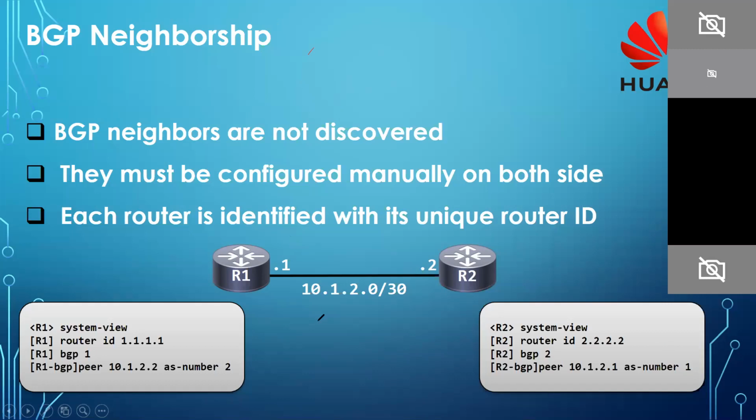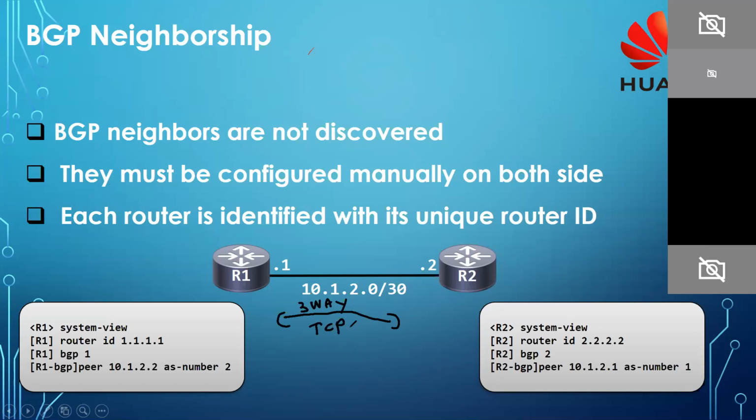So R1 and R2 will start the TCP three-way handshake, which means they will exchange SYN, SYN-ACK, ACK. A basic three-way handshake for TCP. After establishing the TCP connection, the two routers will establish the BGP neighbor relationship.